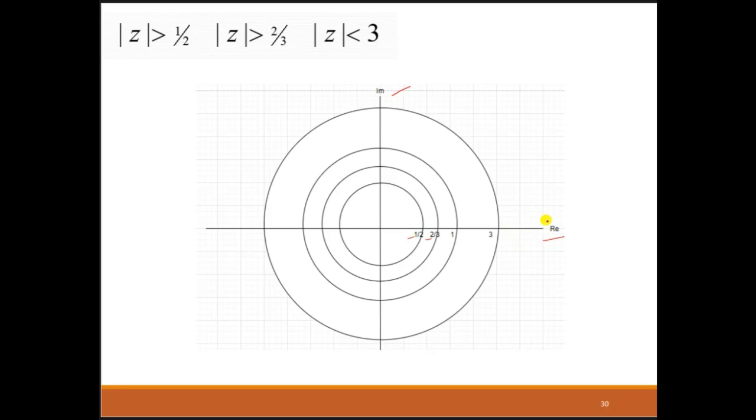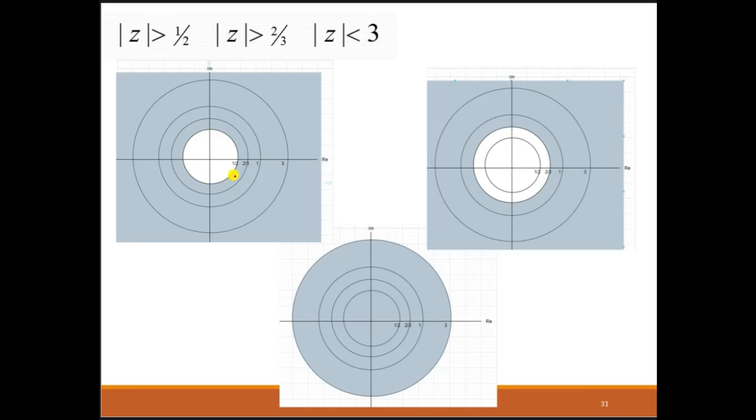Alright, okay, then you have to shade the area of the ROC. So for the first one, the ROC is bigger than 1/2, so everything is outward. Okay, so this is bigger than 2, so everything is outward. Okay, outward, all the shading is outwards.